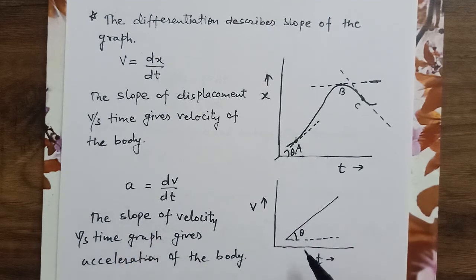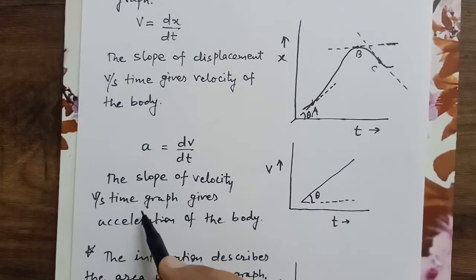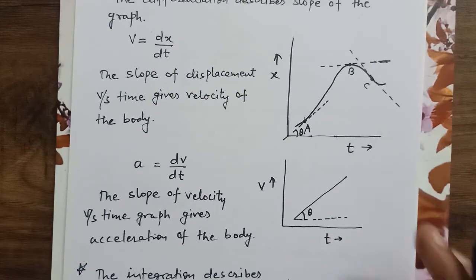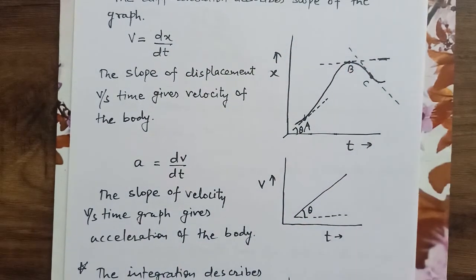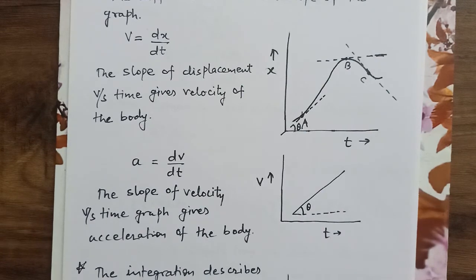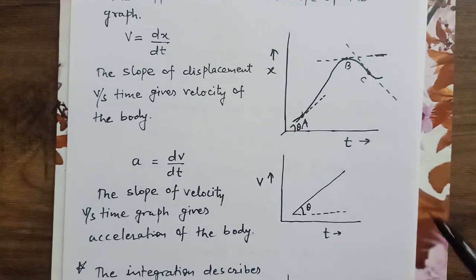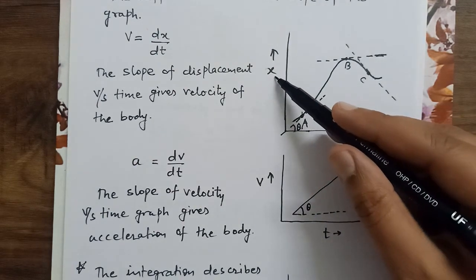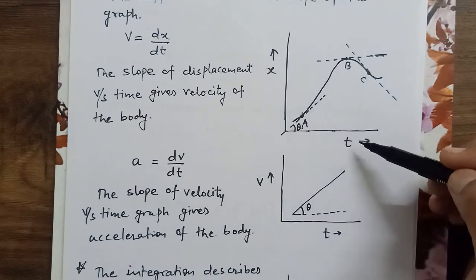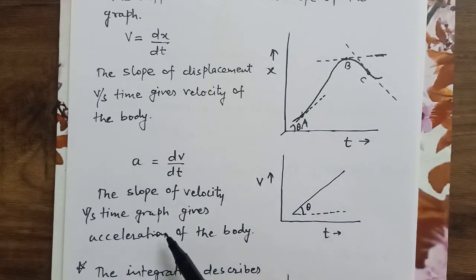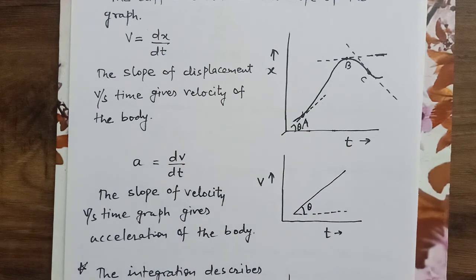So the slope of this graph describes the acceleration of the body. This is the meaning of differentiation in motion: if you are solving graphically, the slope of the curve describes a particular quantity. In a displacement versus time graph, the slope is velocity. In a velocity versus time graph, the slope is acceleration.